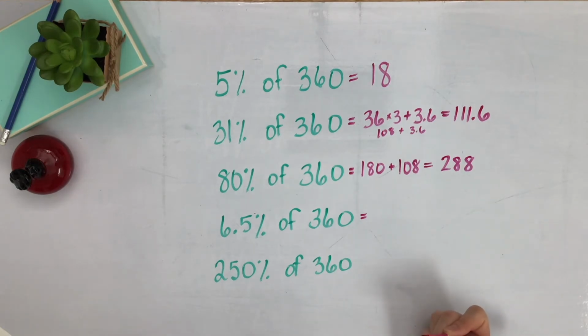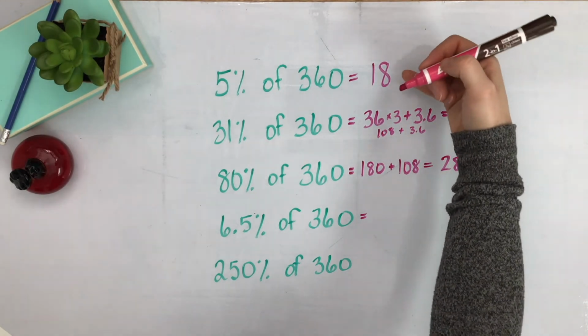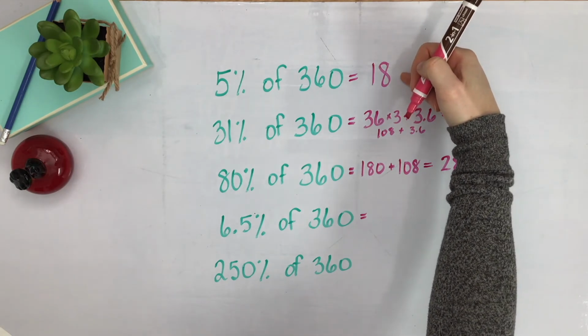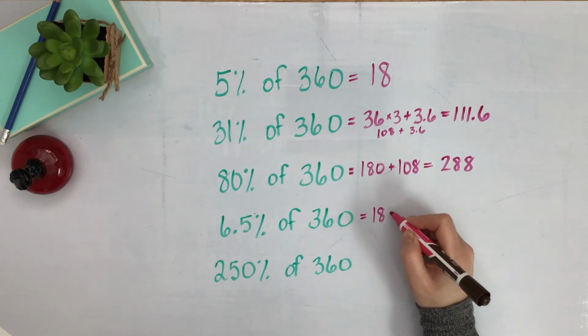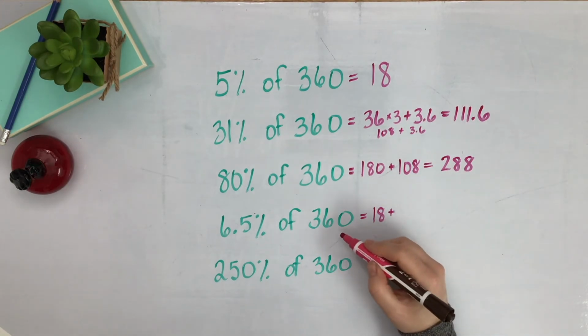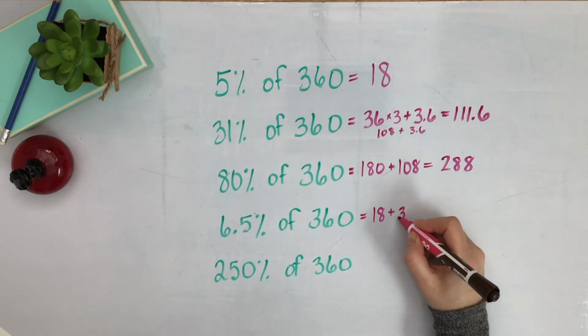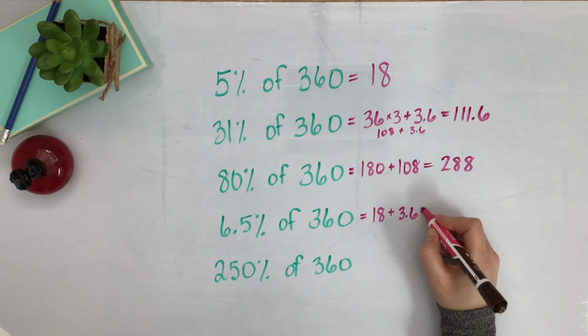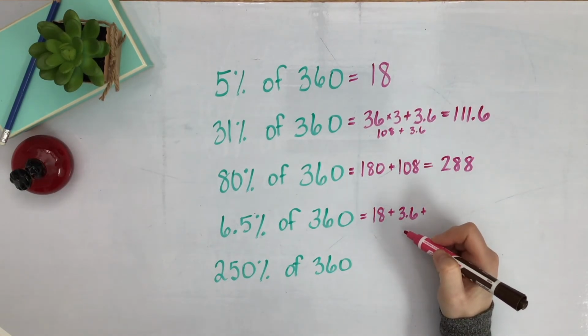6.5%. I can build 6.5 with a 5%, a 1%, and a 0.5%. So 5%, I did that earlier by taking 10% and then dividing that by 2. So I know my 5% is 18. Now I'll need 1%. 1% of 360 is 3 6/10. Now to find my 0.5%, I'll have to take half of 1%.